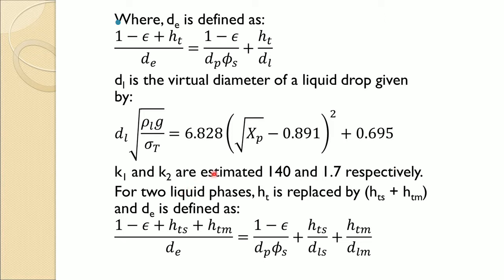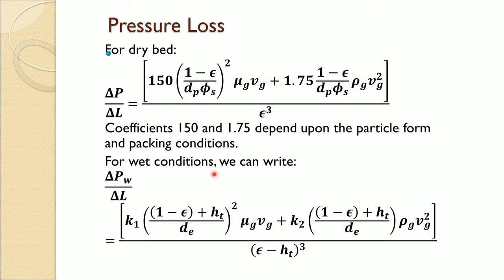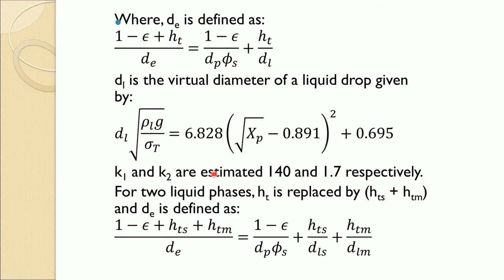And this is if you are having a single liquid flow, but as you know in the blast furnace you have two types of liquid, one the liquid iron and another the liquid slag. So, if you have two liquid phases, then the total holdup ST is replaced by STS.